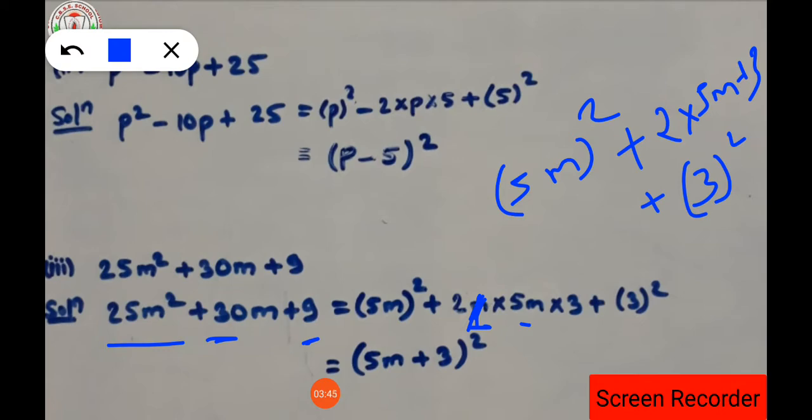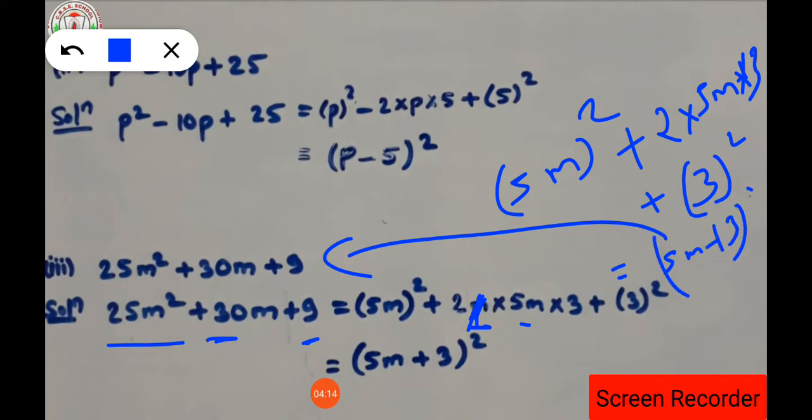So we have changed it into the form of identity, that is 5m square plus 2 into 5m into 3 plus 3 square. So a plus b the whole square is equal to a square plus 2ab plus b square, isn't it? So it can be written as 5m plus 3 the whole square.